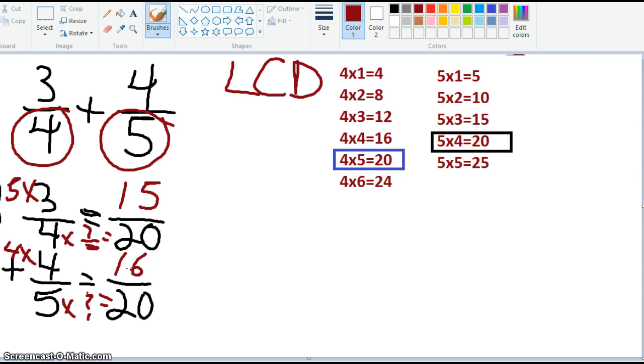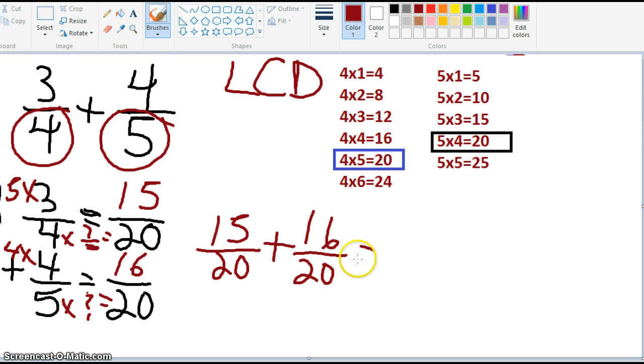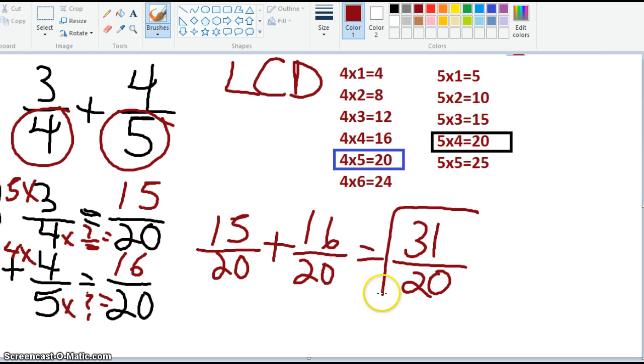Now this problem becomes a lot simpler because what I'm doing is 15/20 plus 16/20, which becomes 31 over 20. For the purposes of this example, this is sufficient in terms of our answer. So what you're going to end up with is 31 over 20.